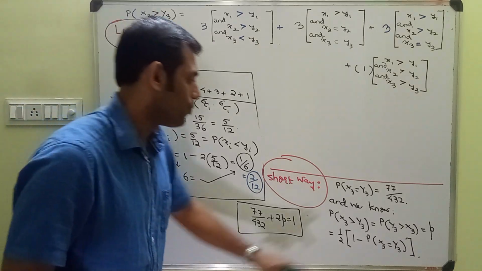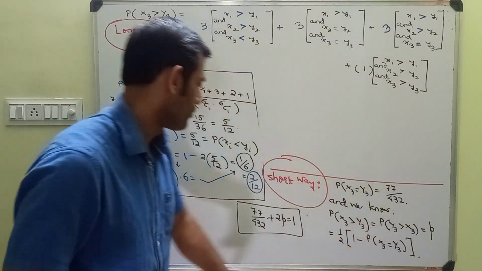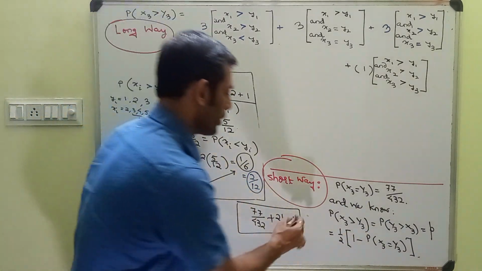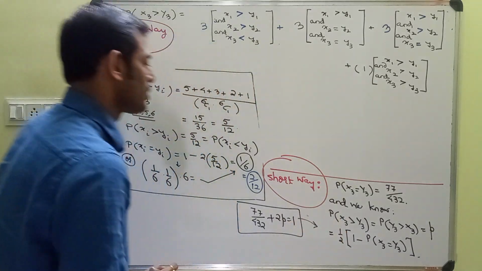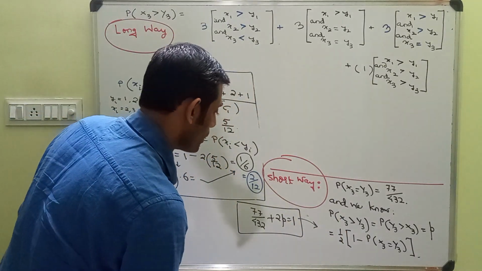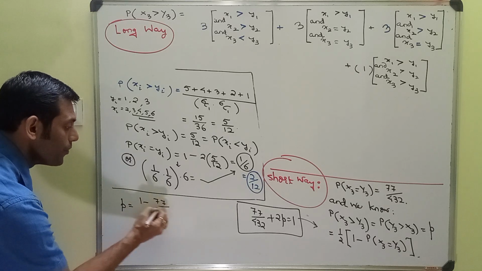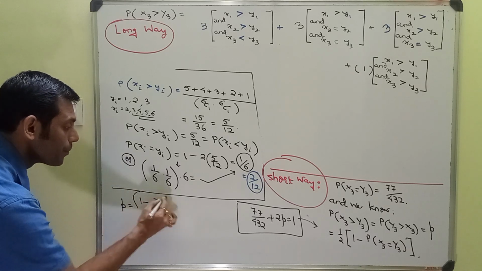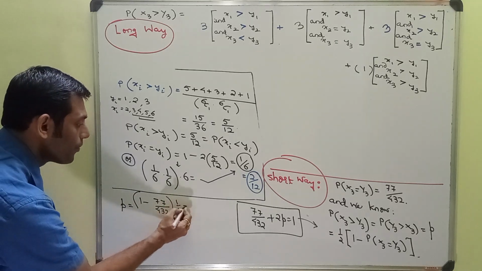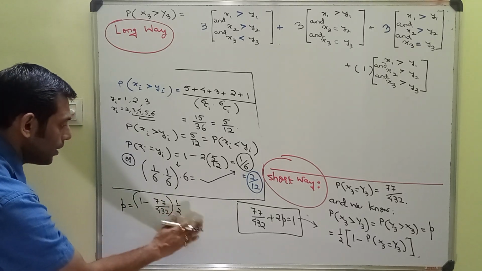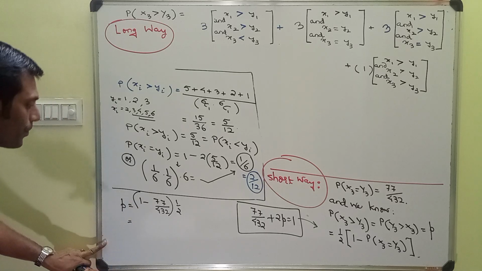So therefore, 1 minus this, by 2, would be equal to this, and this can give us an answer. The p value would be equal to 1 minus 77 by 432, into half. How much would that bring? Let's calculate it right here.